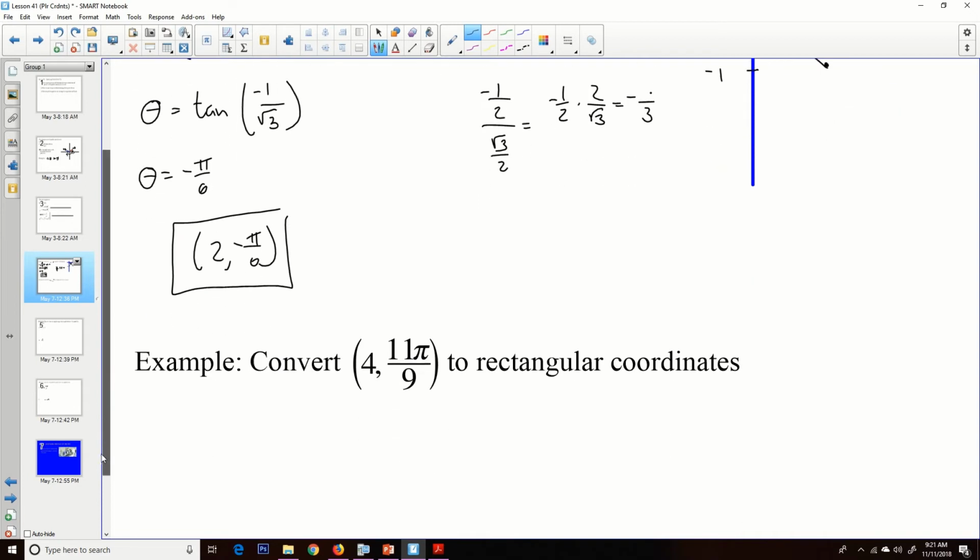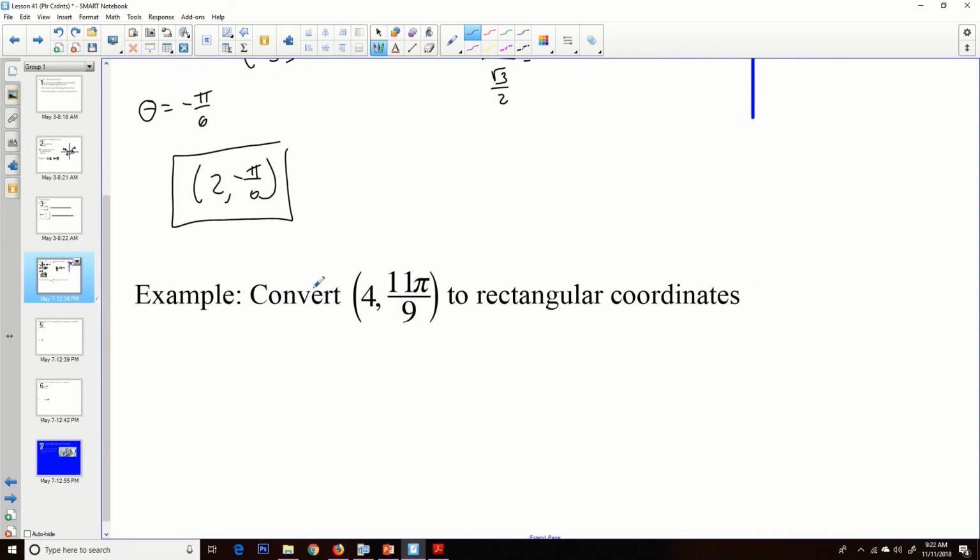All right, now if we want to convert the polar coordinate 4, 11 pi over 9, well, 11 pi over 9 is a little bit bigger than pi. And so this distance right here is going to be 4, and then this angle right here will be 11 pi over 9.